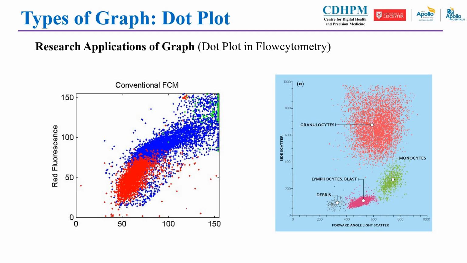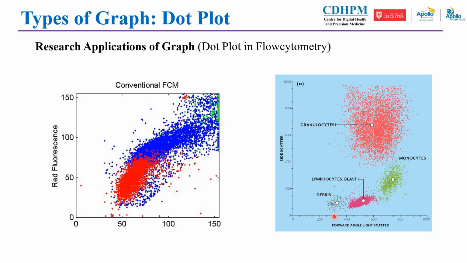This is a dot plot, where there are too many data points that need to be represented, and they can be easily categorized into groups. For example, look at this. This particular graph represents the assay of how many types of cells were present in a given blood sample.